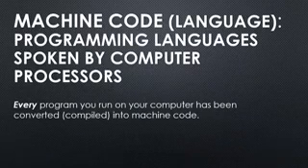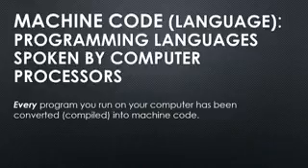Machine code, or sometimes called machine language. These are programming languages spoken by computer processors. And every program you run on your computer has been converted, or sometimes called compiled, into machine code, into the machine language that your computer processor speaks.